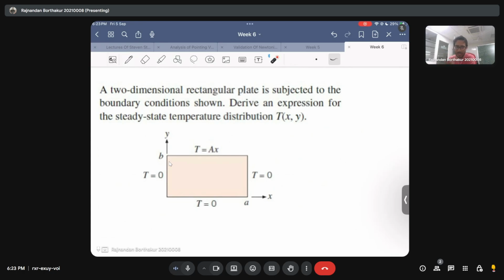So given this, they are asking us to evaluate the temperature profile, and we will try to solve this problem in detail in order to have a better understanding of the method of separation of variables, and we will look into certain nuances of this method as we start to solve this problem.